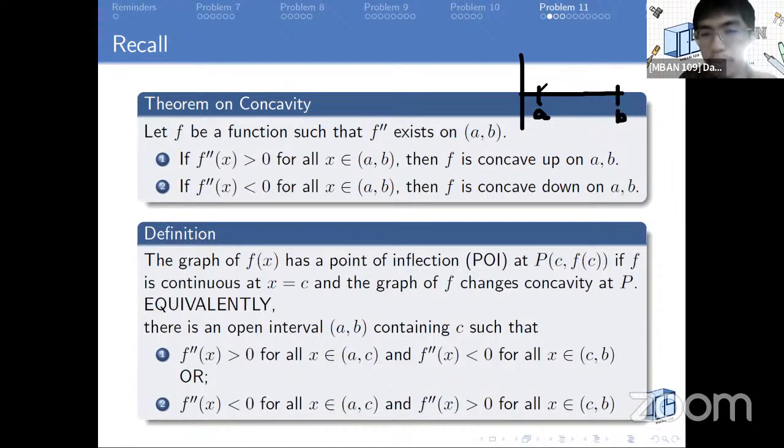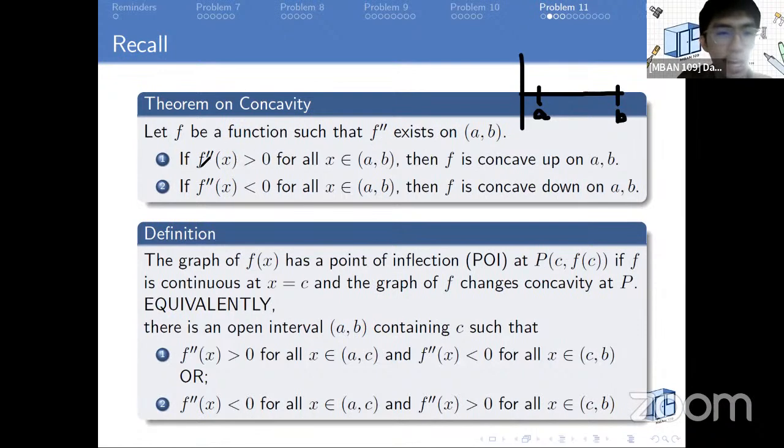Tapos, open interval, so, open interval AB. Tapos, pag f double prime of x mo ay greater than 0, concave up ka on open interval AB. So, yun yung sinasabi ng unang implication.